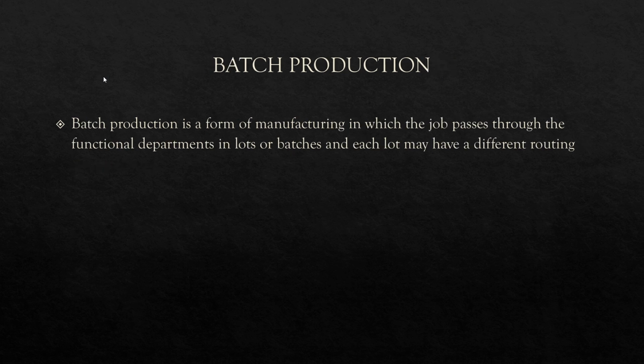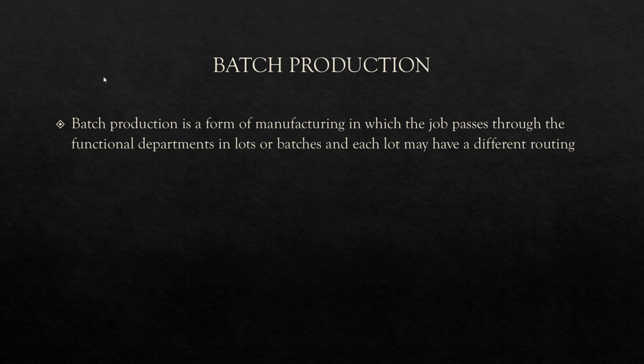What is a batch production? Batch production is a form of manufacturing in which the job passes through the functional departments in lots or batches, and each lot may have a different routing. Its characteristics include the first one, when there is shorter production run. Second one, when plant and machinery are flexible.